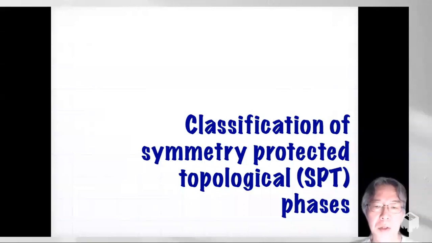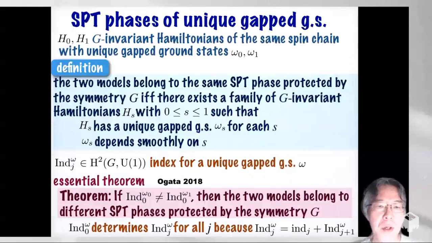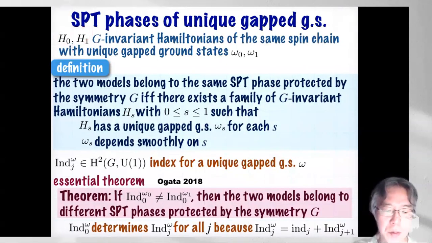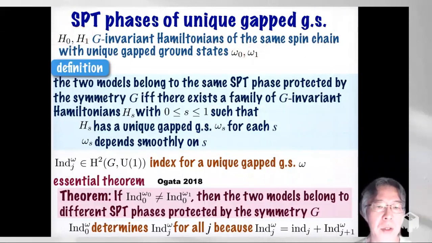As an application of Ogata index, I will discuss the problem of classification of SPT phases. So this is the main problem of this lecture, I think. This is something I already explained in part 1. So this is the definition of SPT phases. Let H0 and H1 be G invariant Hamiltonians of the same spin chain, which have unique gapped ground states omega 0 and omega 1 respectively.